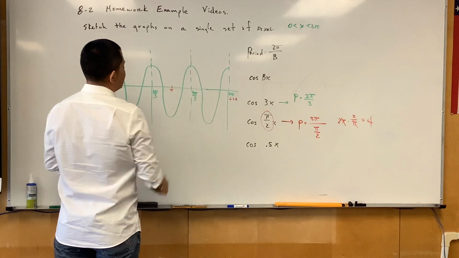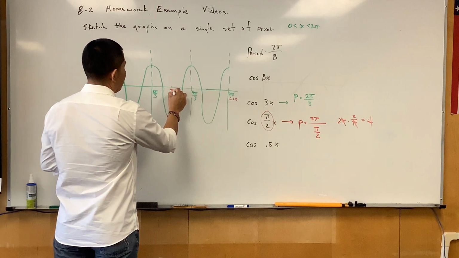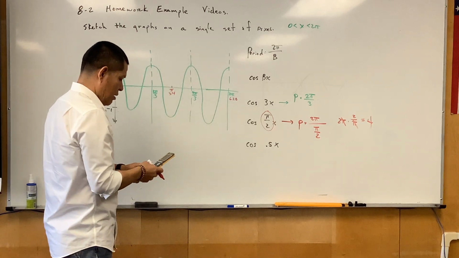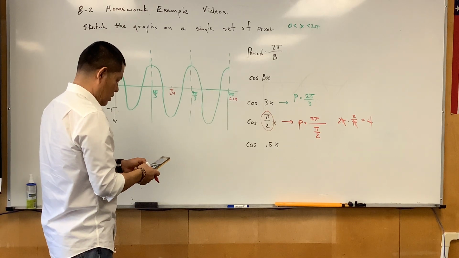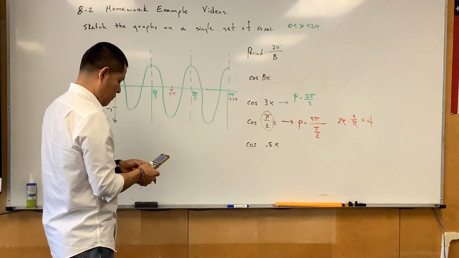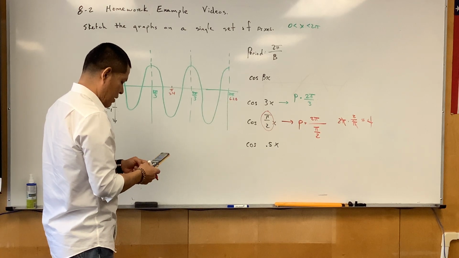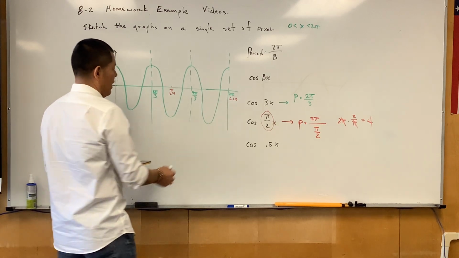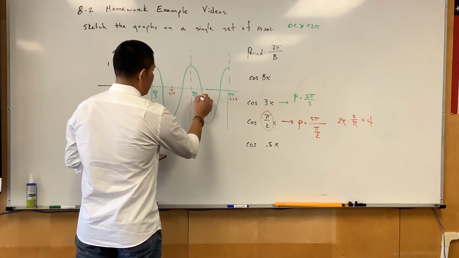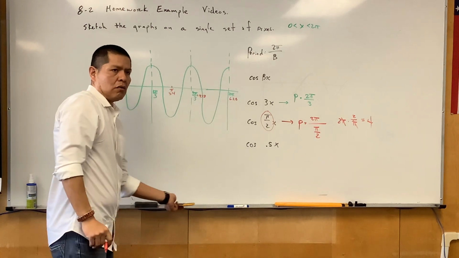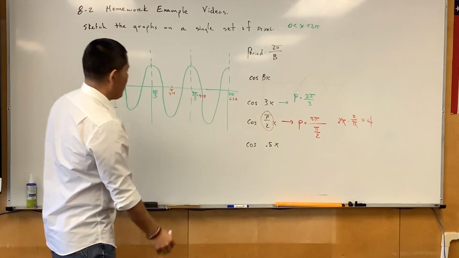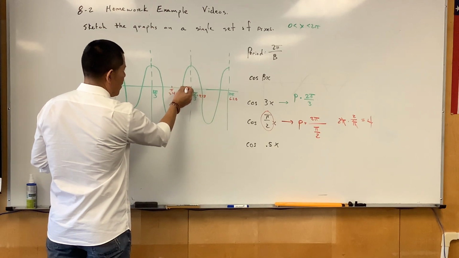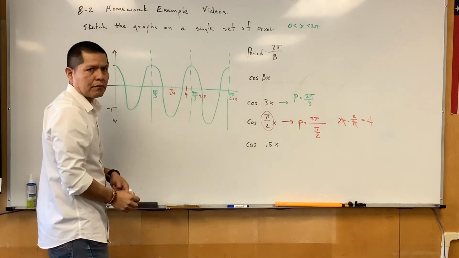That's where pi is at, which is 3.14. Then 4 pi divided by 3 is equal to 4.18. So what that says is our period should be somewhere about here, where 4 is.